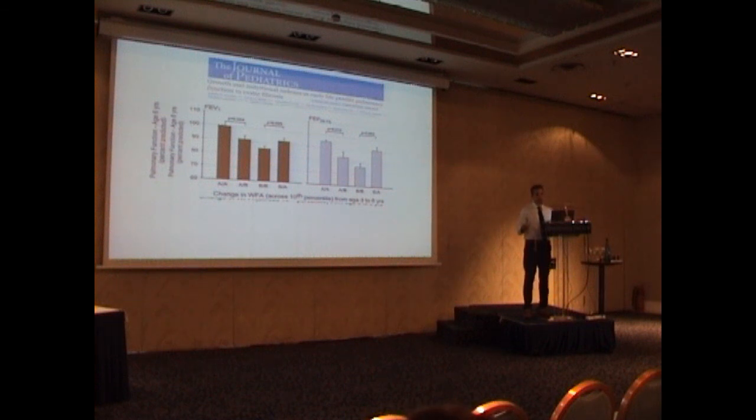So you can improve lung function by improving nutritional status, even within the first several years. So good nutrition early leads to good lung function later, and improving nutritional status can improve your lung function.